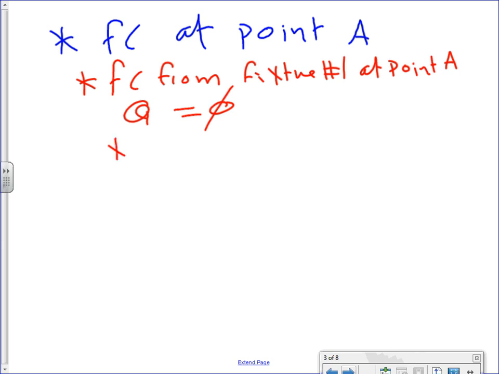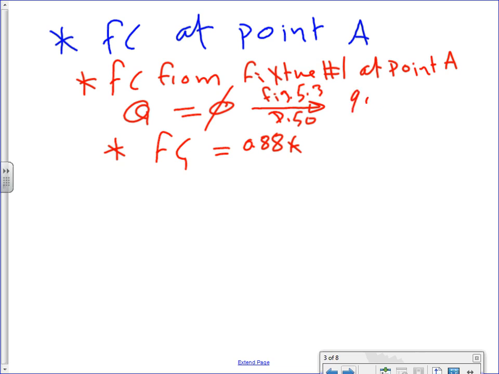Which means, my friends, when you do your calculation, your foot candle for 1 equals 0.88 times, oh yeah, what was the figure again? Figure 5.3, page 50. Thank you. Identical. Which is 949 lumens.